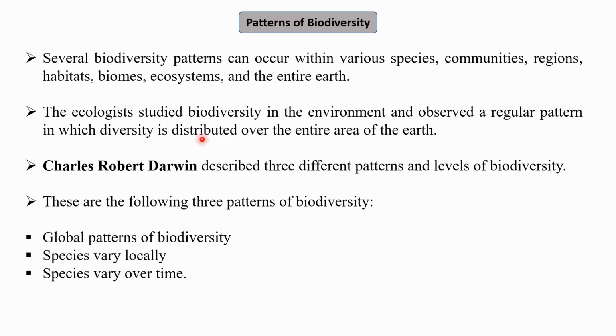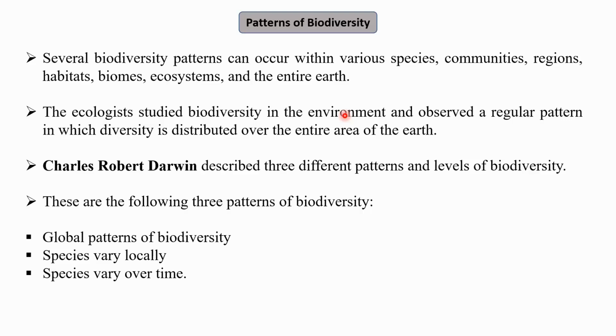Ecologists studied the biodiversity in the environment, and by studying it, they observed a regular pattern in which diversity is distributed over the entire area of the earth. The distribution of biodiversity also depends on various factors, such as the availability of suitable conditions that allow species to survive in that particular environment.